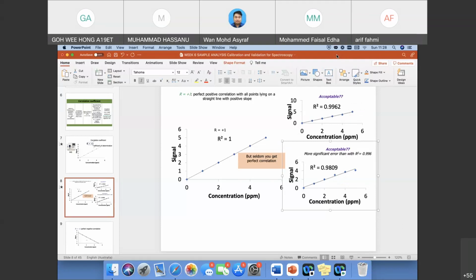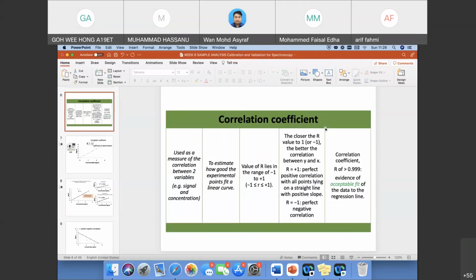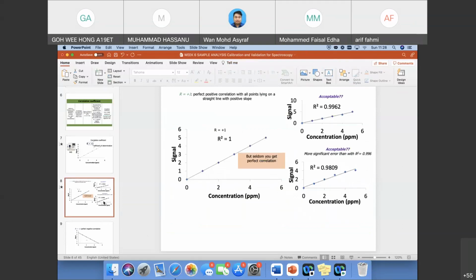When we look at this table, we want to get R square or R equal to more than 0.999, which is near to 1. As I mentioned, we want 0.99, but 1 we cannot get due to the random error. Usually 0.99 and whatever behind it is acceptable.